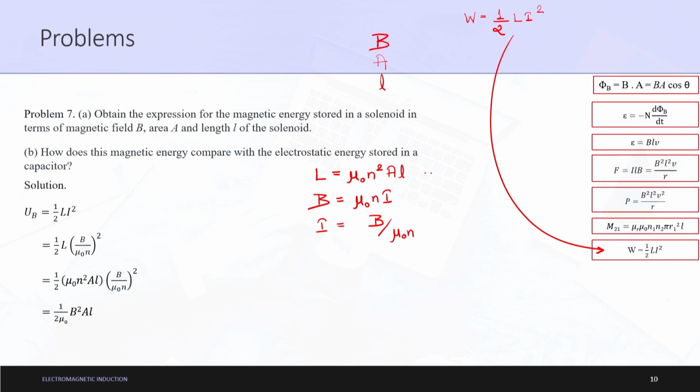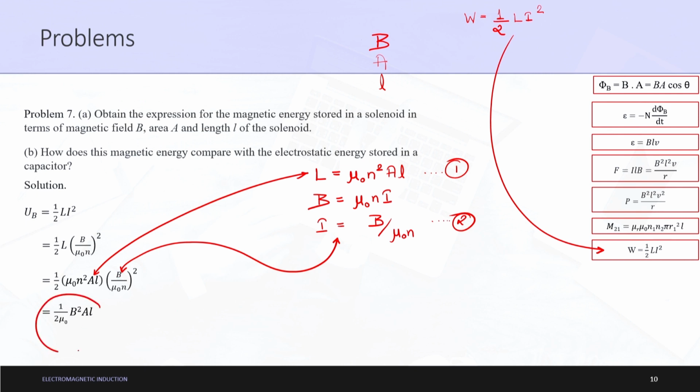So, using this and this in this equation, we get this, and then a simple mathematical evaluation leads to the magnetic energy value of half mu naught into B square into capital A into small l.